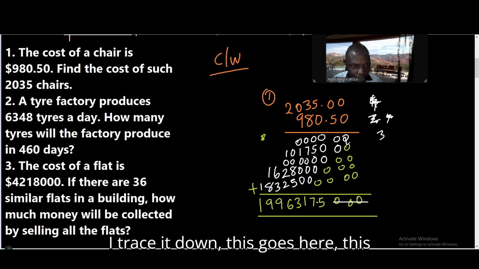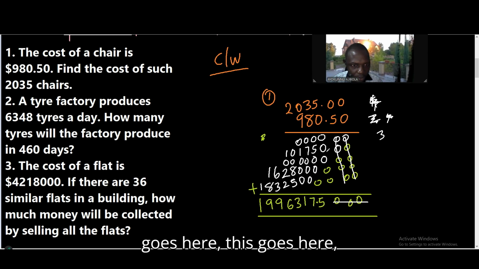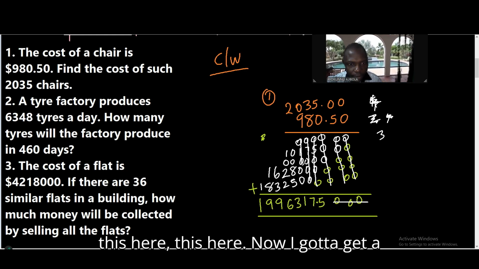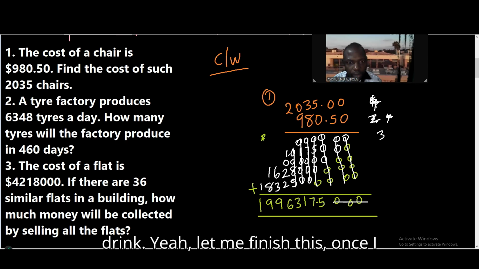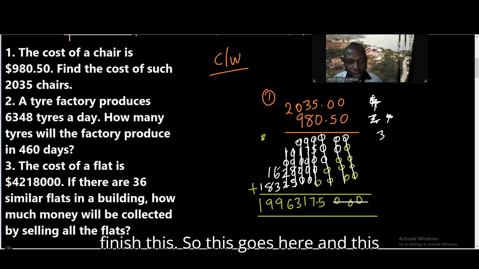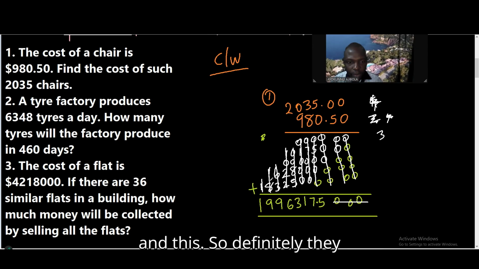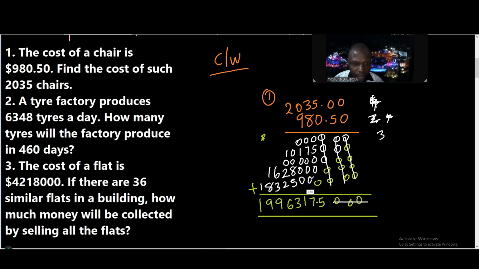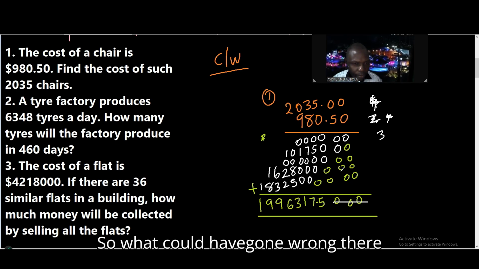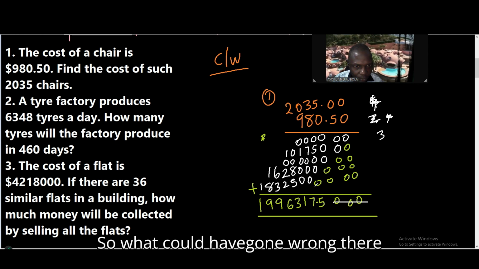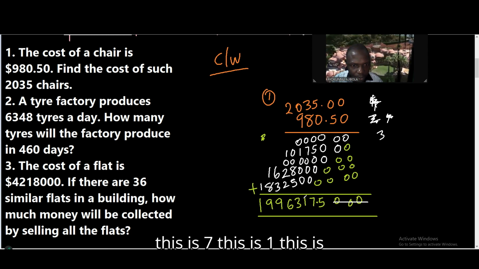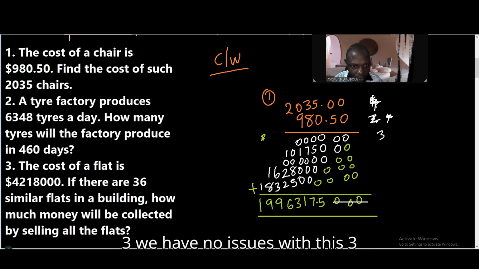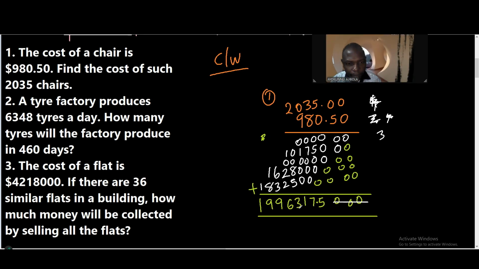So if I trace it down, this goes here, this goes here, this goes here, this here. Let me finish this. So this goes here, and this, and this, and this. So definitely they are all intact. So what could have gone wrong there? This is 7, this is 1, this is 3. We have no issues with this 3.